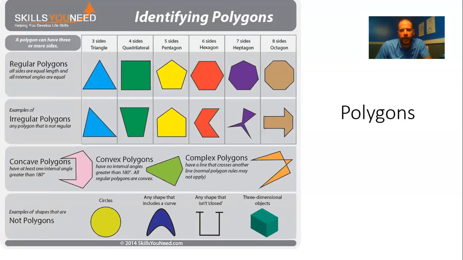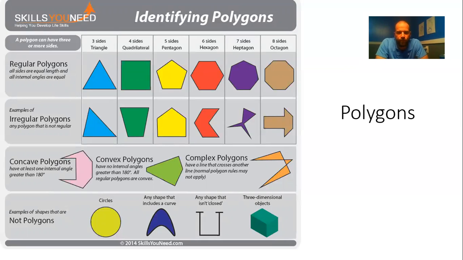So like a triangle, all three of its sides the same length, so it's a regular polygon. And then irregular means that the sides are different lengths. And we're going to be working with regular and irregular polygons with quadrilaterals. So we're going to work on four-sided figures that have all the sides the same and some that don't.